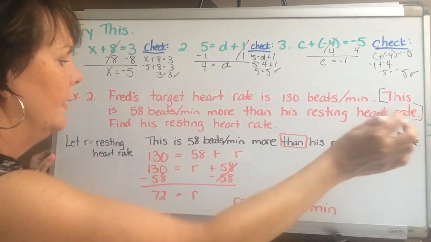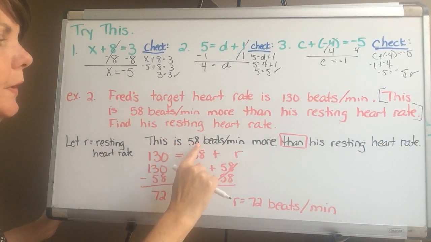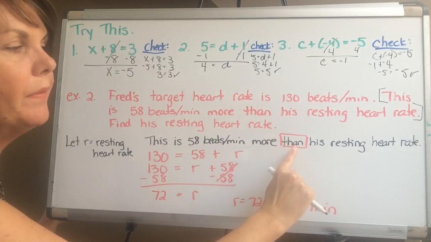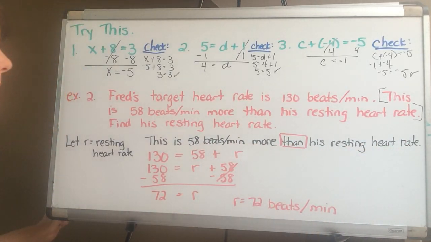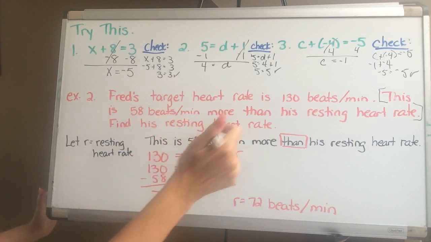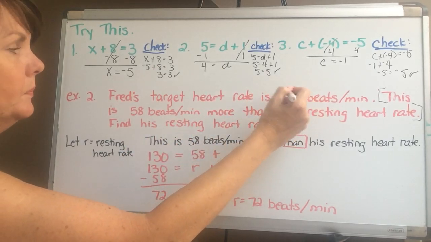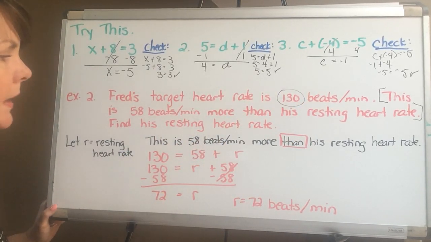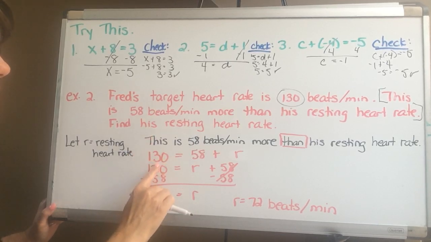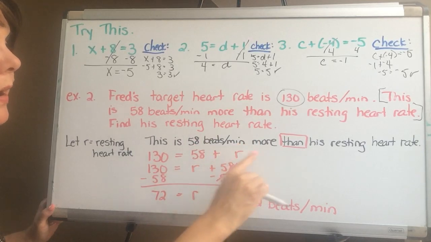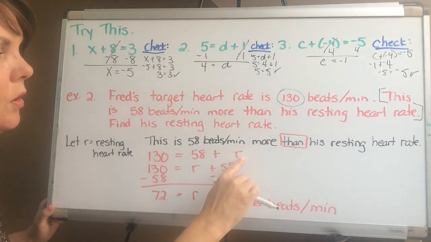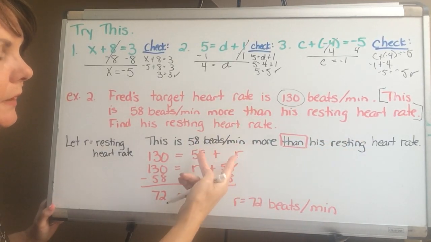Now if I go right here, from there to there, and I rewrote it, this is 58 beats per minute more than his resting heart rate. Okay, so what does that mean? His target heart rate, that's what this is referring to, is 130, is 58 more than the resting heart rate. But remember, that flips the order.